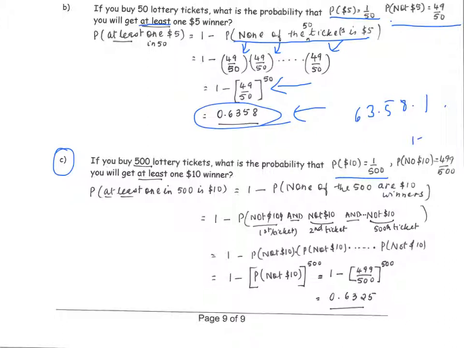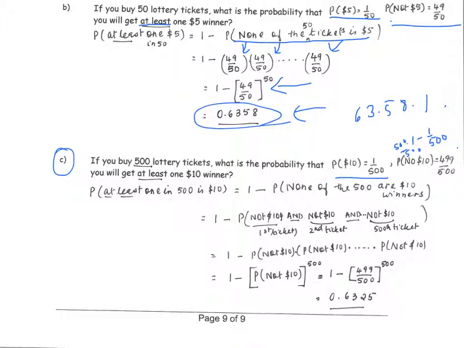We went 1 minus 1 over 500. If we take the LCM as 500, then we multiply the numerator and denominator by 500. So we get 499 because it's 500 minus 1, 499 over 500, or just use your calculator.